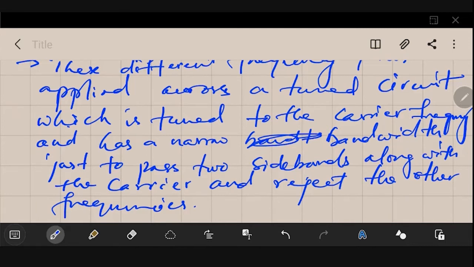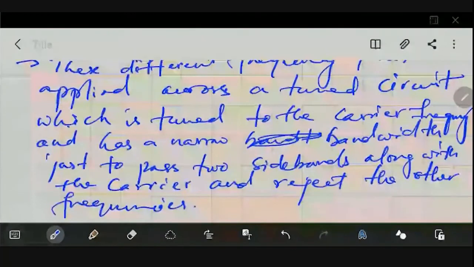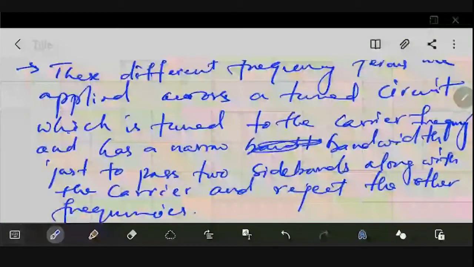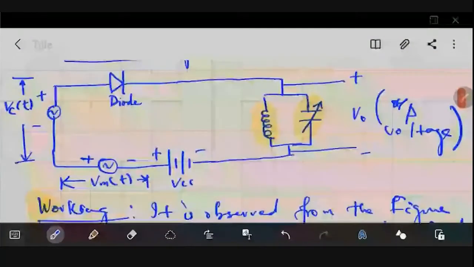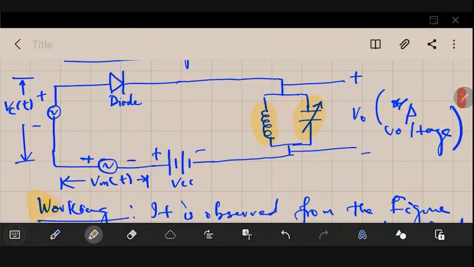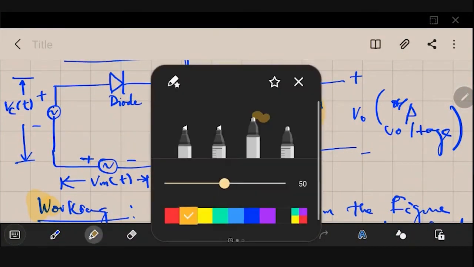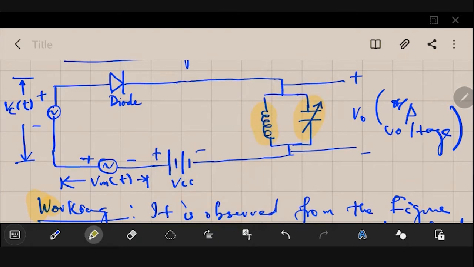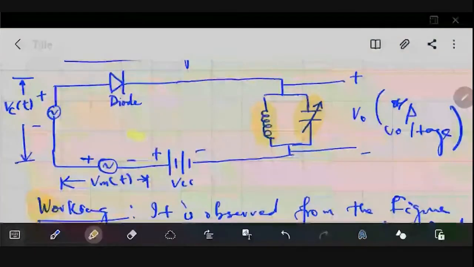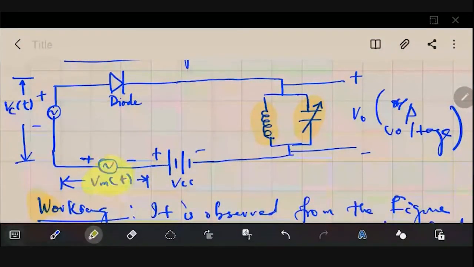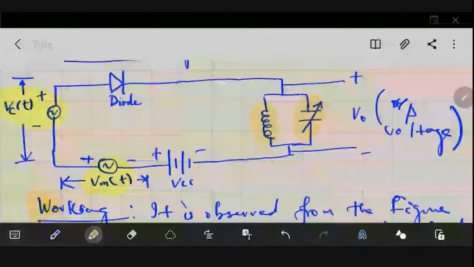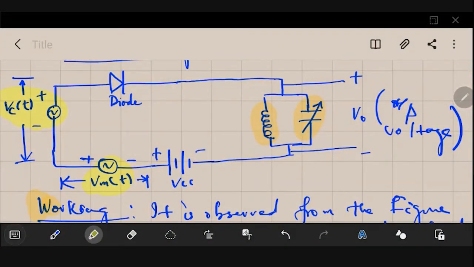Let me explain its operation. This particular circuit is based on a principle: when you apply different frequencies across a diode, the process of amplitude modulation takes place.